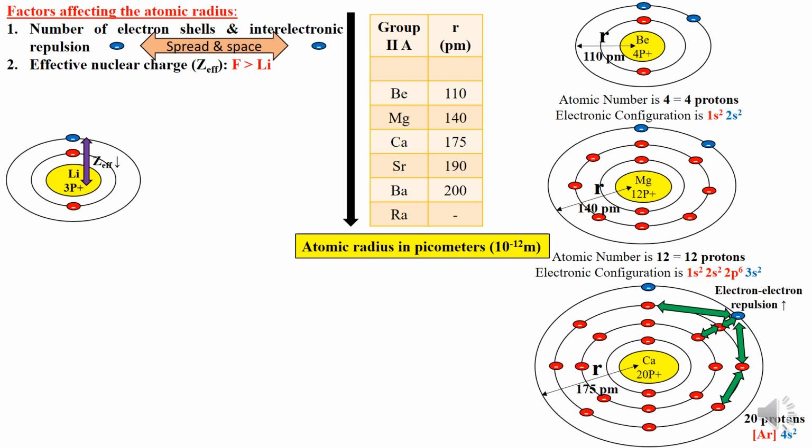Now, why is the effective nuclear charge of fluorine atom greater than lithium? Let's find out the answer by comparing the electron structures of lithium and fluorine. You will find that lithium has 3 protons in the nucleus while fluorine has 9 protons in the nucleus.